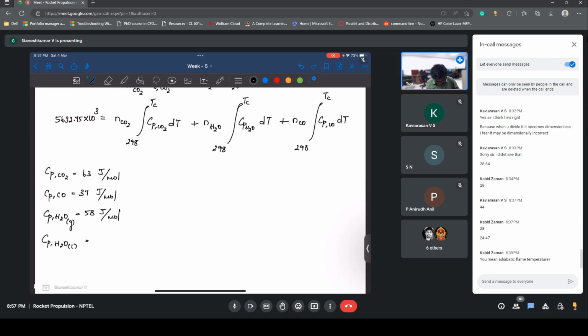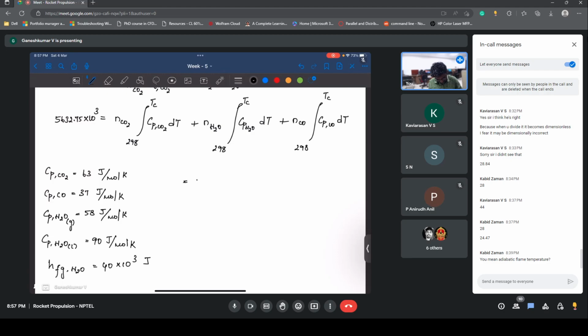Then I need to give some heat in order to evaporate it, the latent heat, which we call HFG of H2O, which is nothing but 40 kilojoules. I'm sorry, these are kilojoules per mole Kelvin. Okay, so now we need to plug it in appropriately.